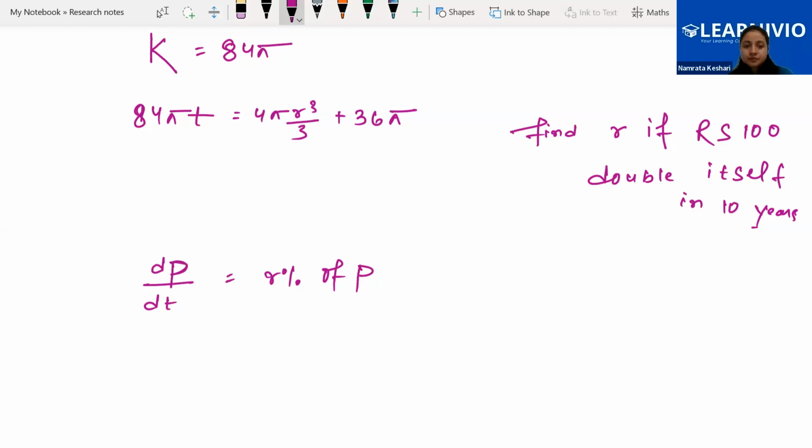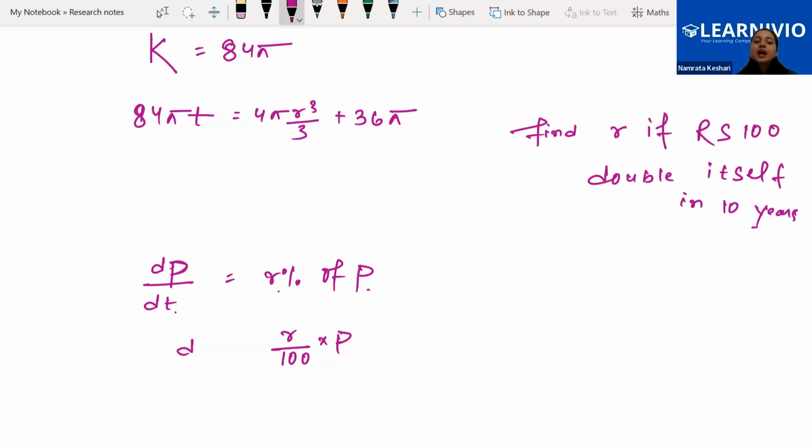Our percentage should be R divided by 100, and then we multiply by P. Basically, we have taken that principal is changing with respect to time. How? R% of P. R% of P positive we have kept, that means obviously it is increasing.